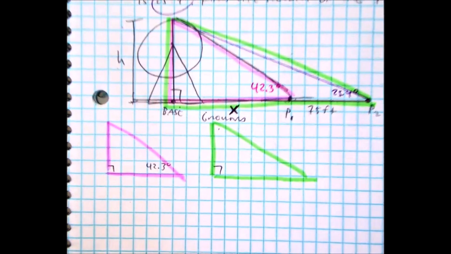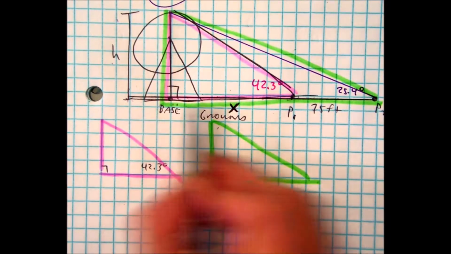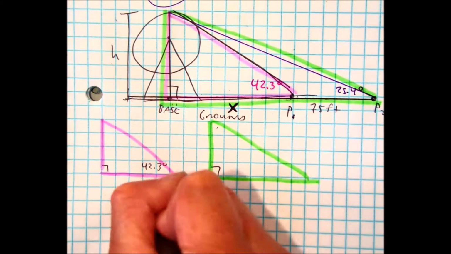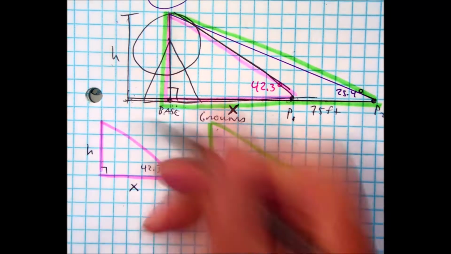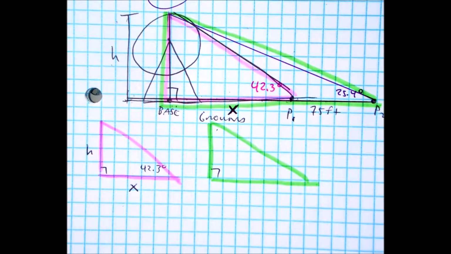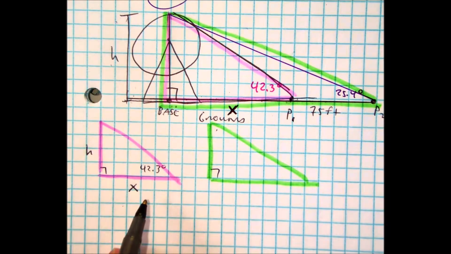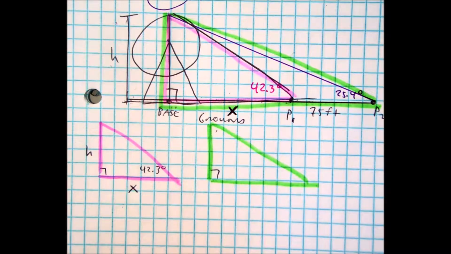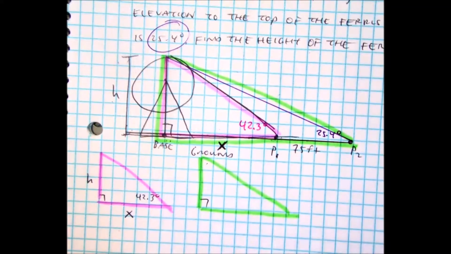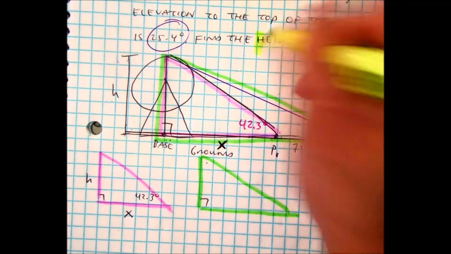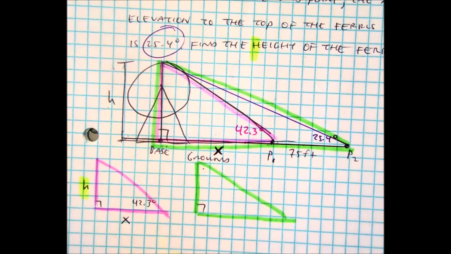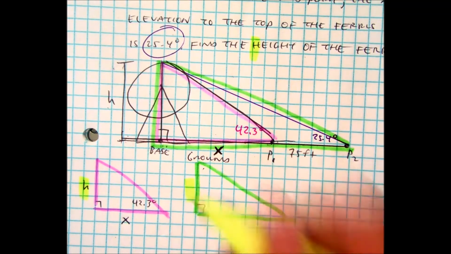I have x. And I have h, the height. Notice how this triangle has two variables. Notice how in this problem it tells us find the height of the Ferris wheel. So if I need to find the height, h, I'm going to solve both of my triangles in terms of h.